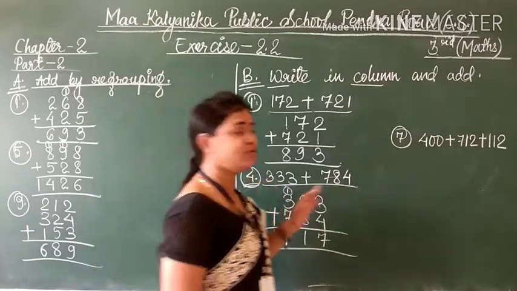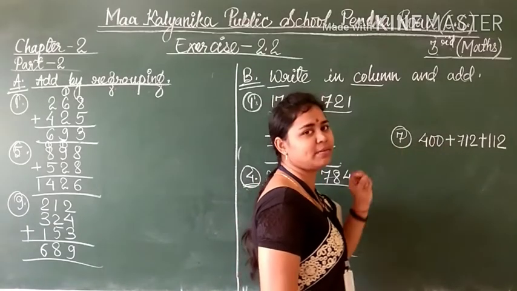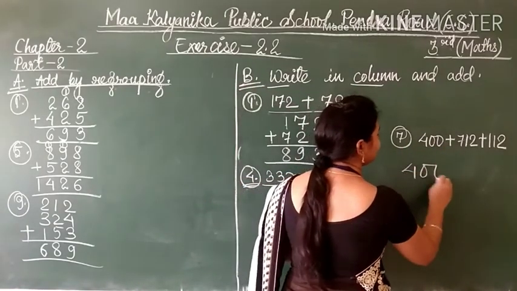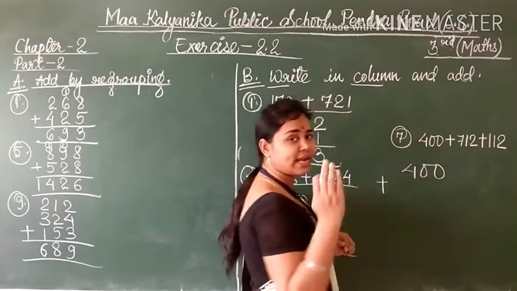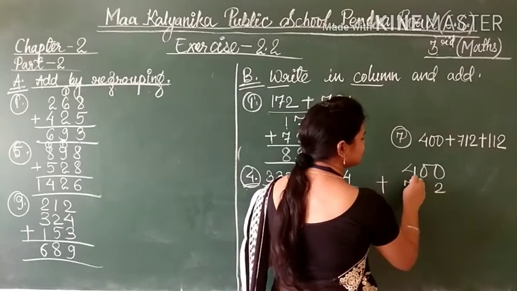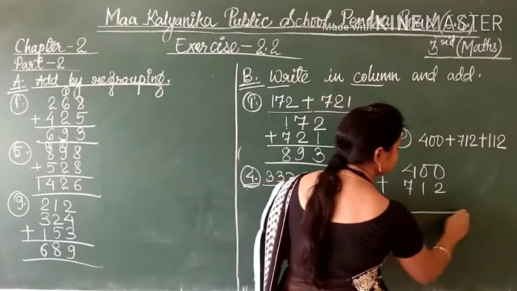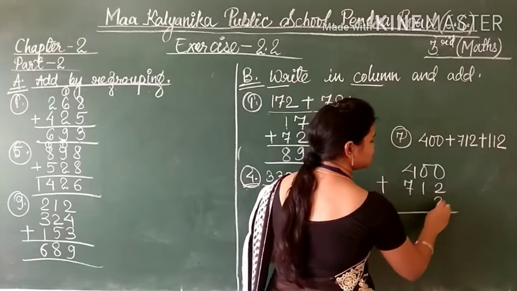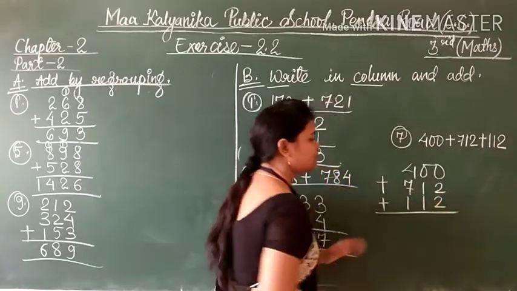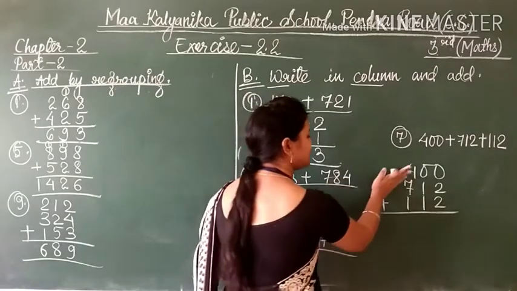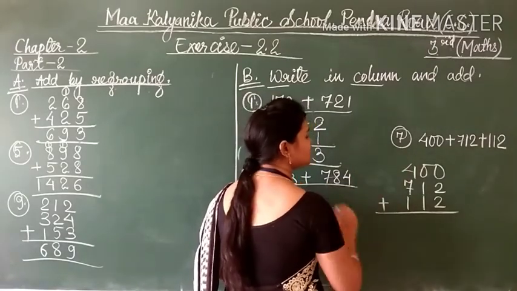Okay, now I am showing you the 3 digit number addition, how to write in column. 7th question, 400 plus, the second number is 712. So 1, 7. Now the third question, this also you have to add, 2 means 112. So 2, 1, 1. So simply in this way you can write in column, and if you are writing a single plus then also it is okay.